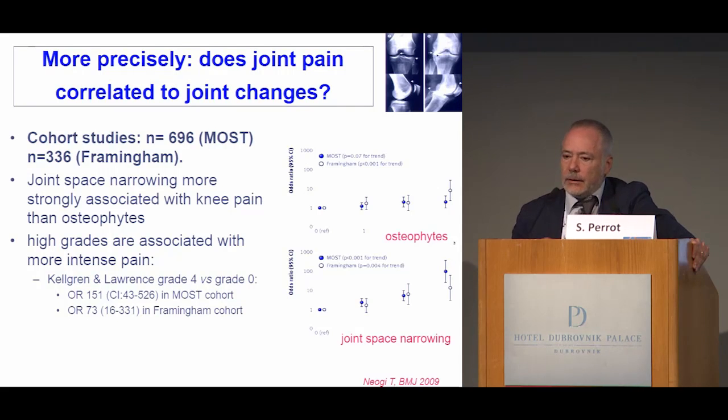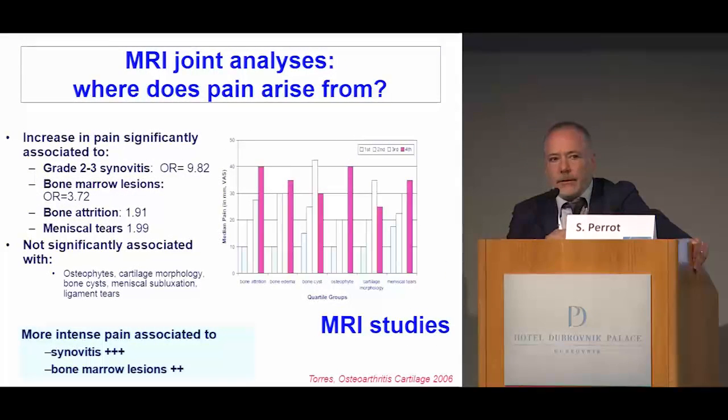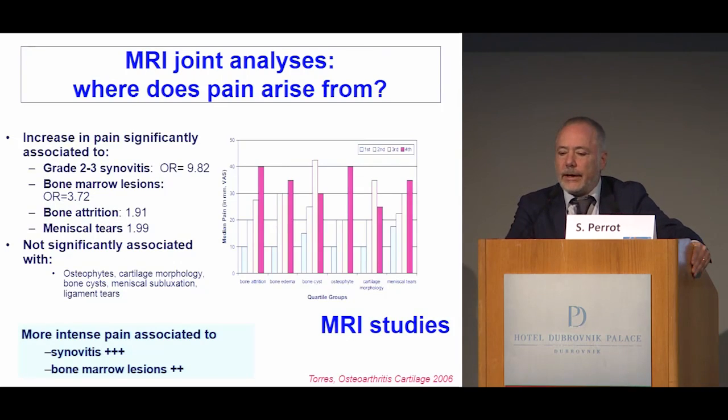So where does the pain come from? If you look at the MRI studies of the joints, this is a study of numerous knee joints by MRI that demonstrates that pain in the joints comes from different structures in the joint, but as mentioned this morning, from two major structures. One is the bone, with bone marrow lesions with an odds ratio of around 3.